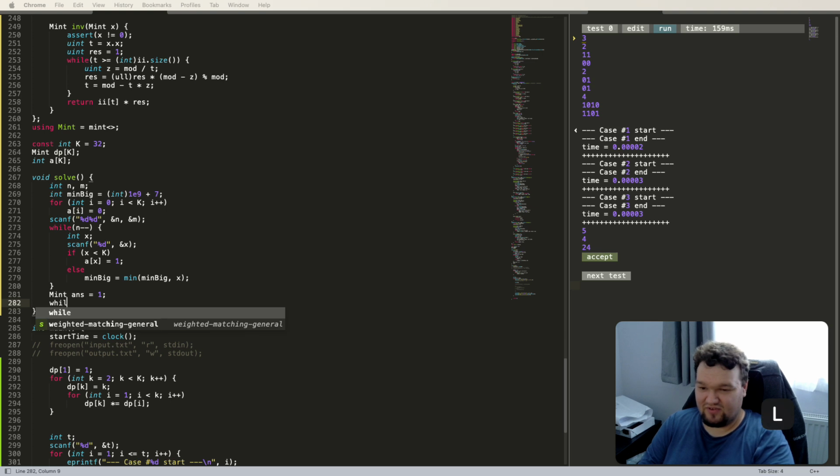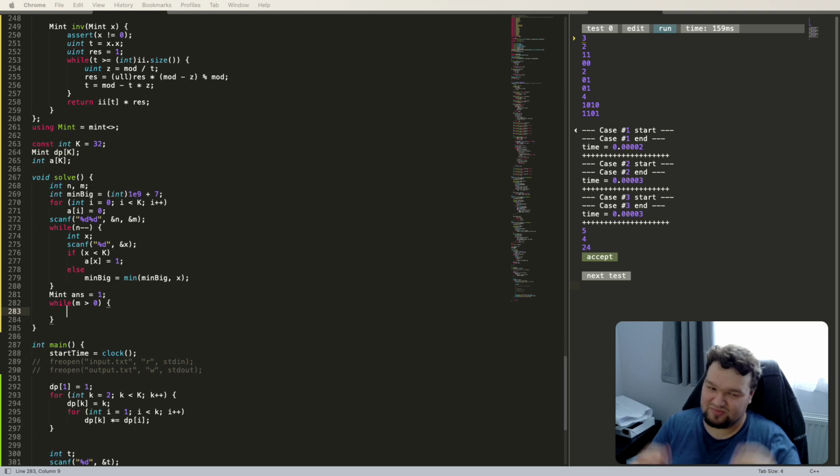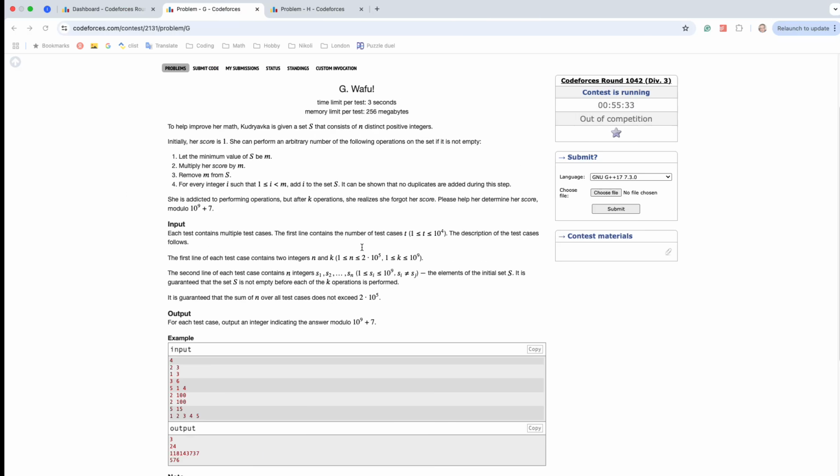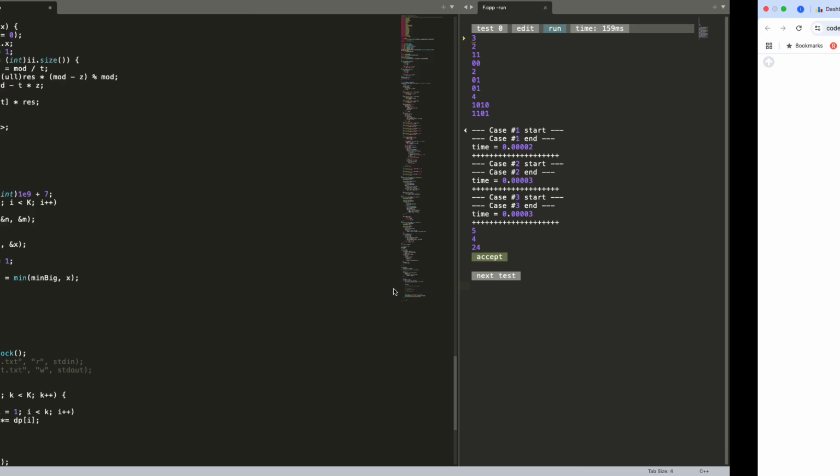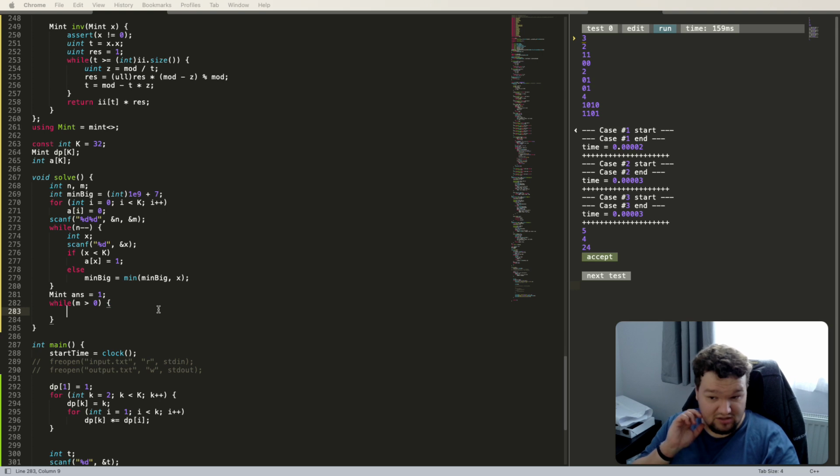So while m is greater than 0, so we still have some operations to do. It is guaranteed that we will not run out of operations, right? It is guaranteed that the set S is not empty before each of the k operations is performed. Great. So while m is greater than 0, we want to find the smallest number we have.